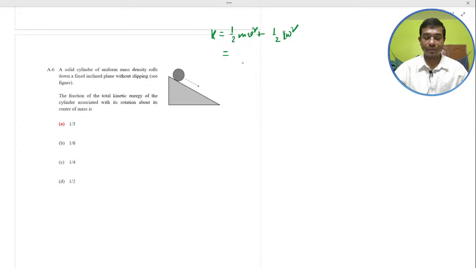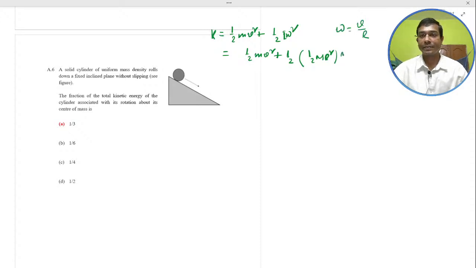So put this value: half mv square plus half I, which means half mr square, and omega means v by r. Put here v square by r square. You would get 3 by 4 mv square.